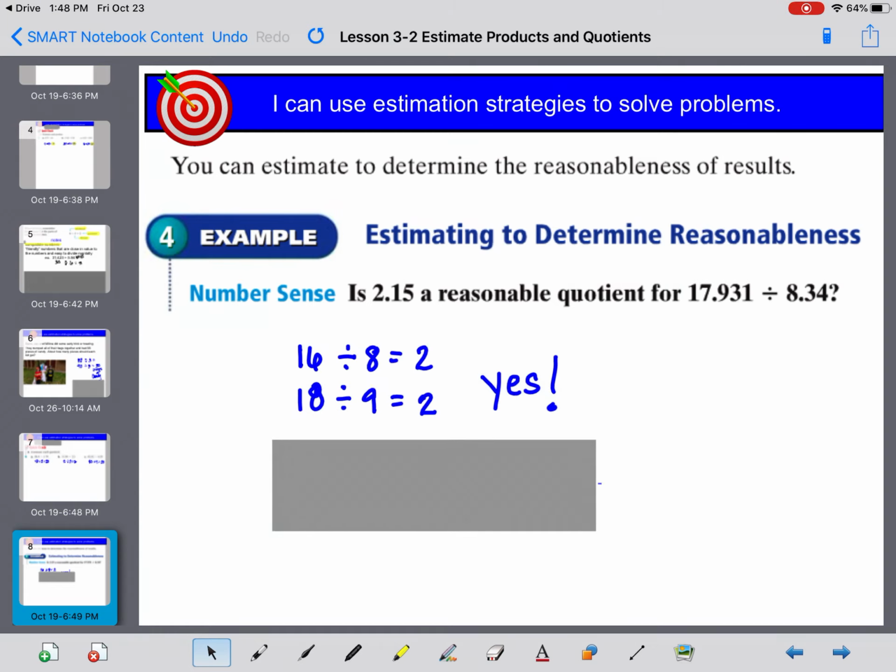Somebody else might have looked at that and said, I'm going to round my numbers to 18 divided by 9. Still, I get the number 2. Because 2 is close to 2 and 15 hundredths, I would say, yes, that is a reasonable quotient. Why? Because 2 is close to 2 and 15 hundredths.